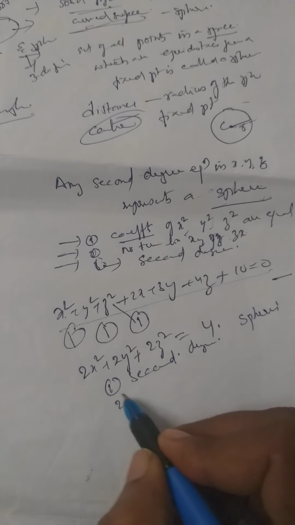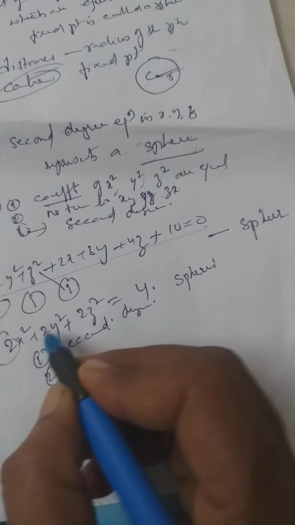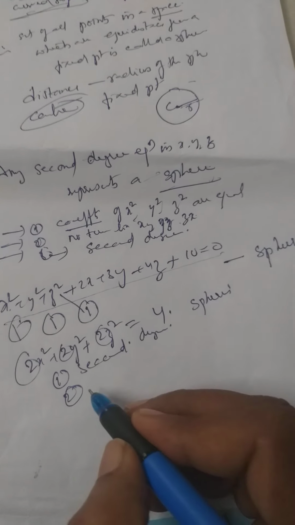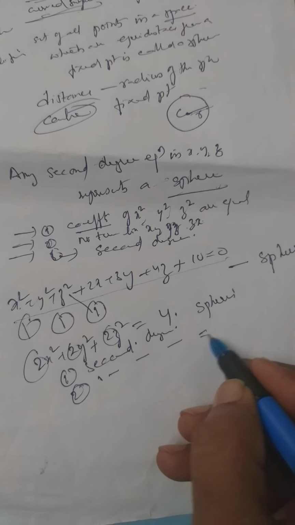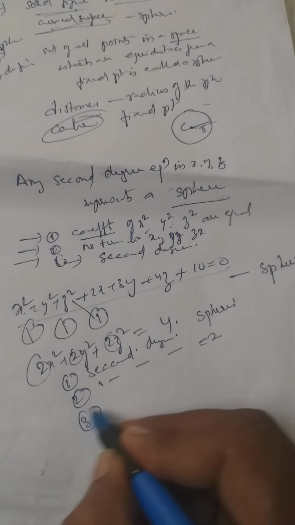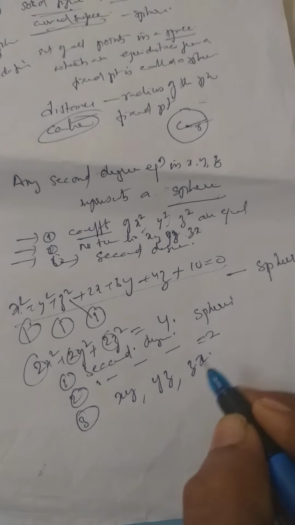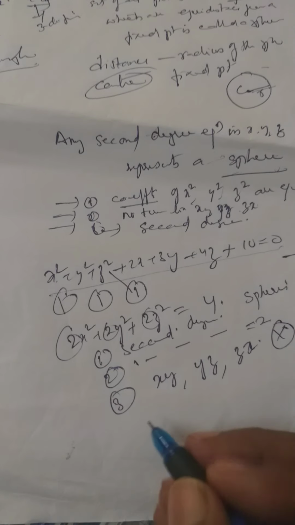Now second condition is the coefficient of x square is equal to the coefficient of y square is equal to the coefficient of z square, which is equal to 2. All are the same. Number 3, there are no xy, yz and zx terms. Therefore, this equation represents a sphere.